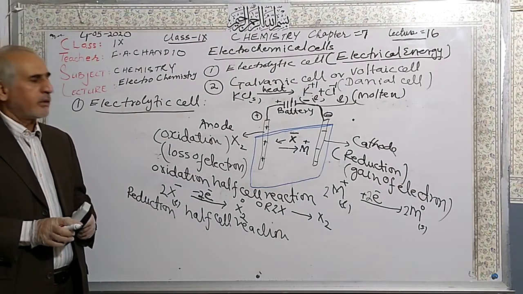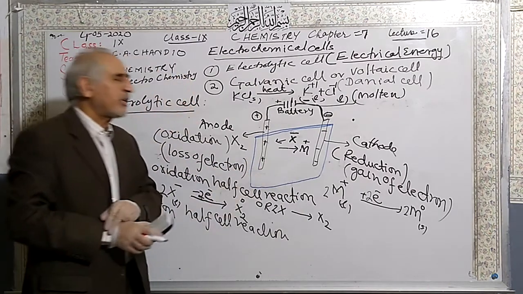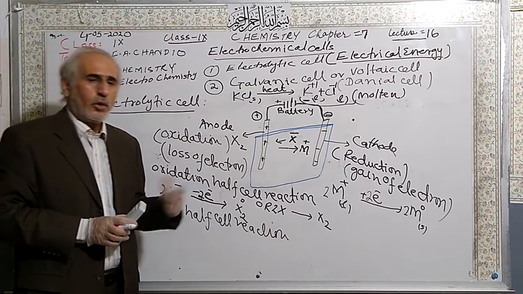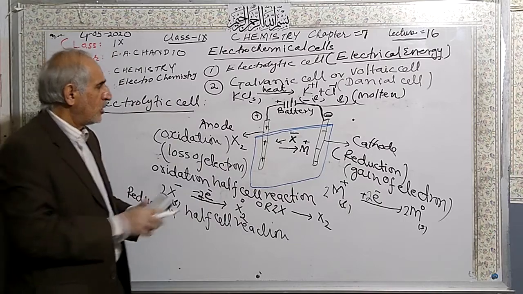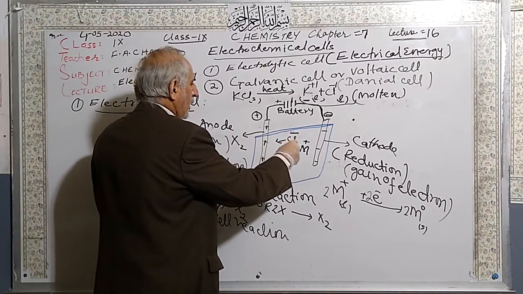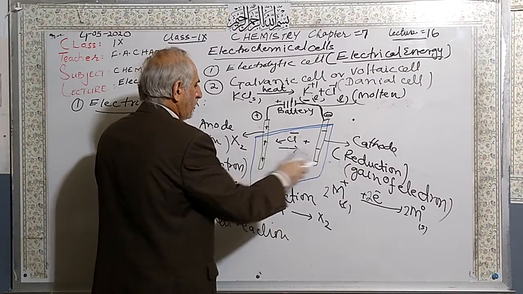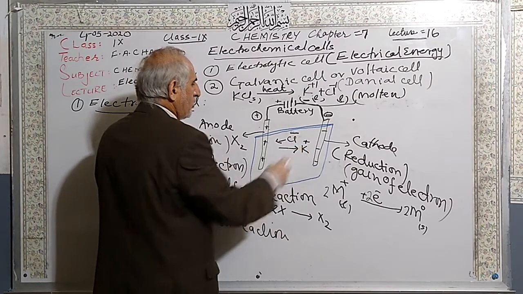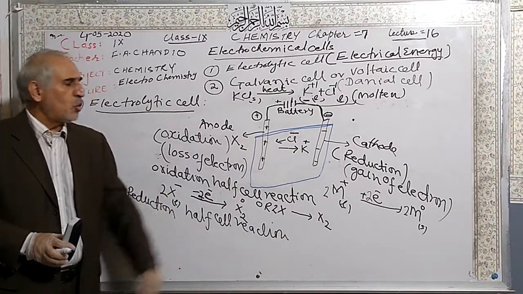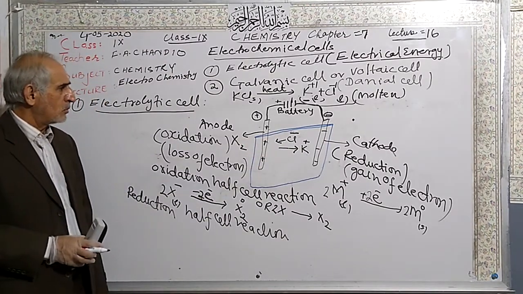Molten potassium chloride. Similarly there are molten sodium chloride and molten magnesium chloride. So X is for chloride ions and M for potassium ions. This is the fused, molten form.